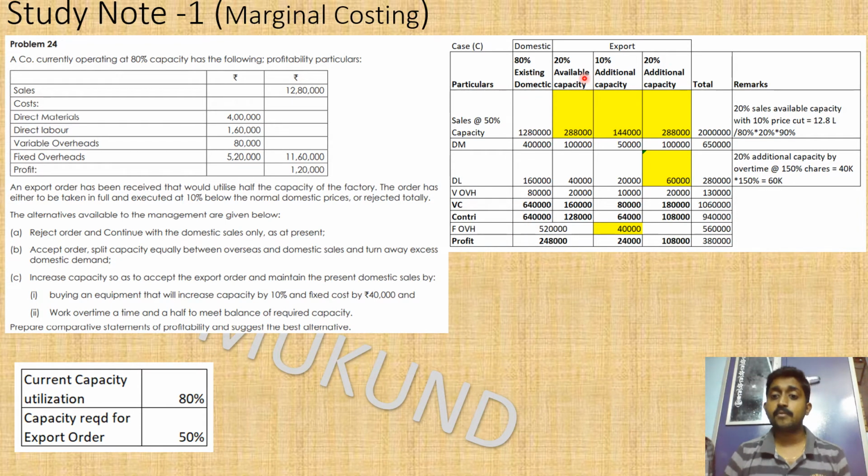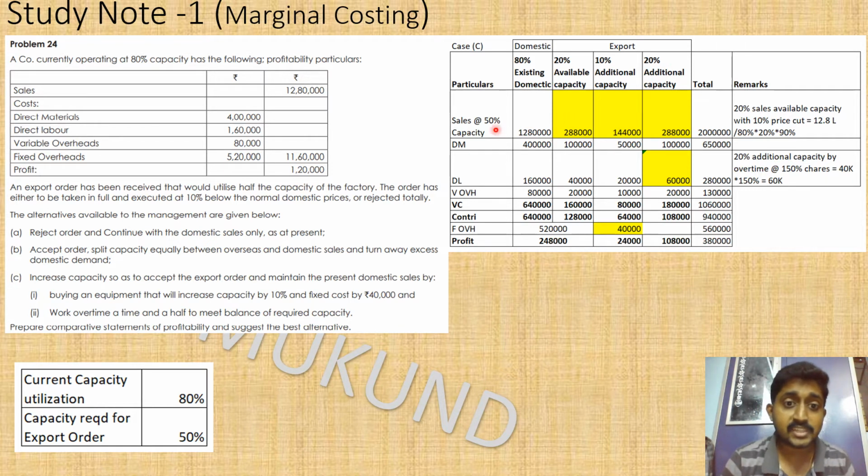The second column: 80% already we have given to domestic, so we have 20% only idle. So we have to find what the sales will be for the 20%. Same formula. If for 80% the sales is 12.8 lakhs, then 12.8 lakhs divided by 80% multiplied by 20% will be the sales for 20% capacity.